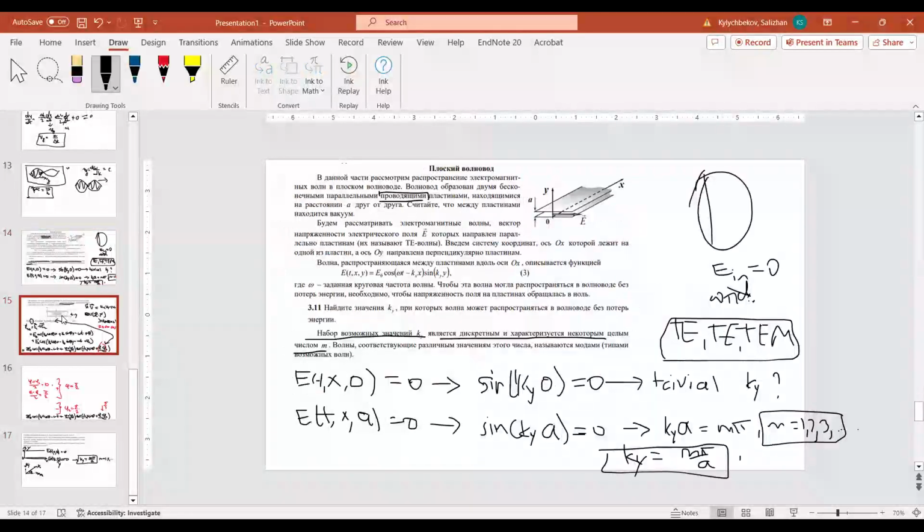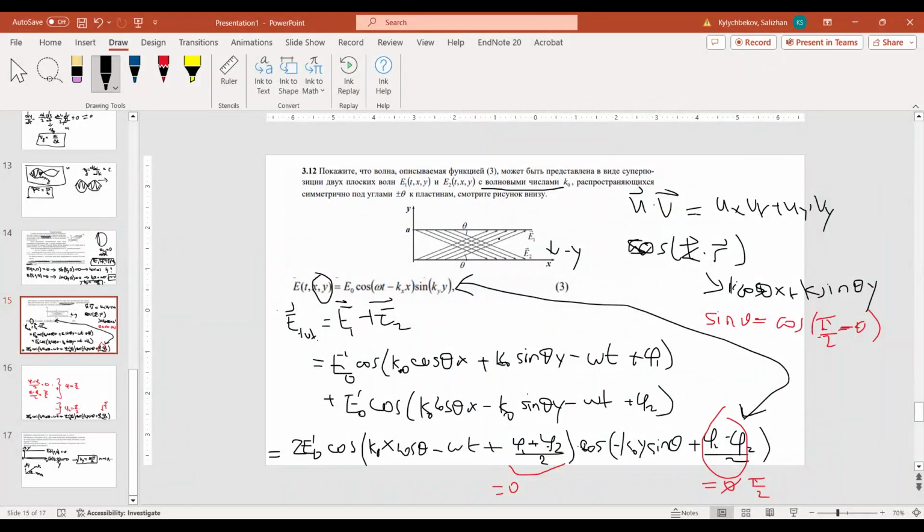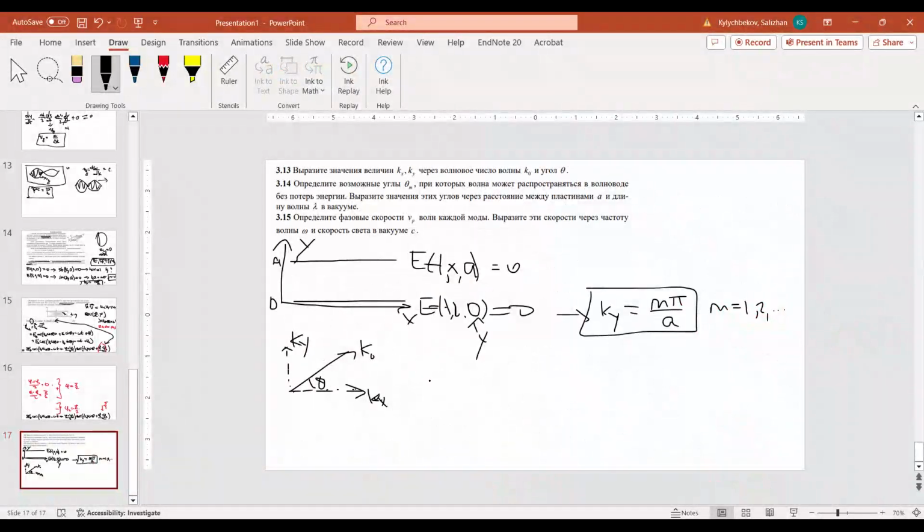I'm referring to this picture. Kx is basically k0 times cosine theta, and ky is k0 times sine theta. Great. It's that simple. This is done.